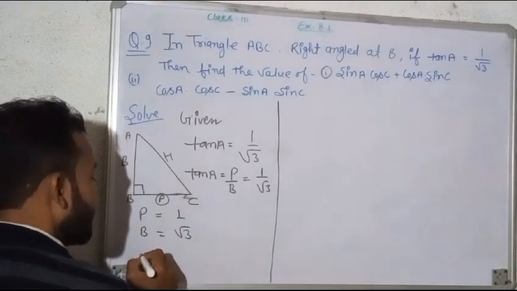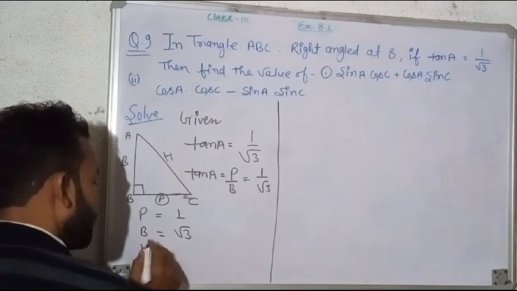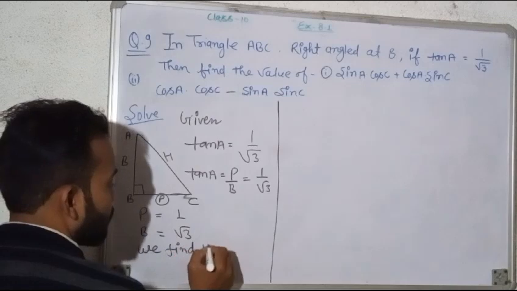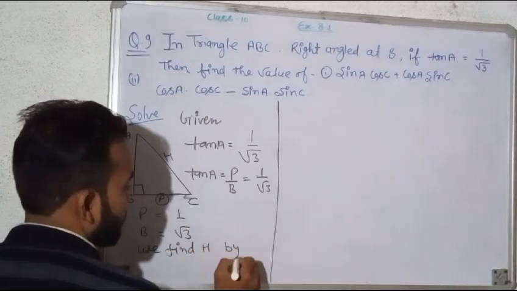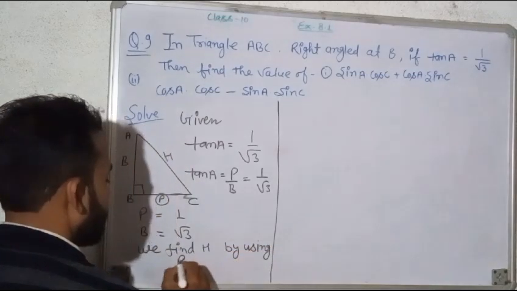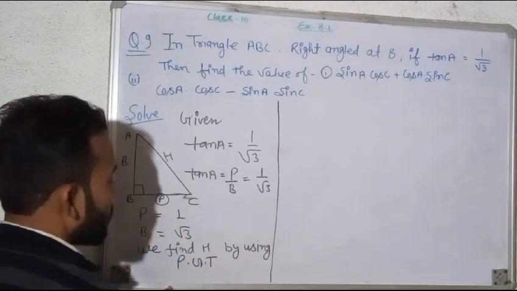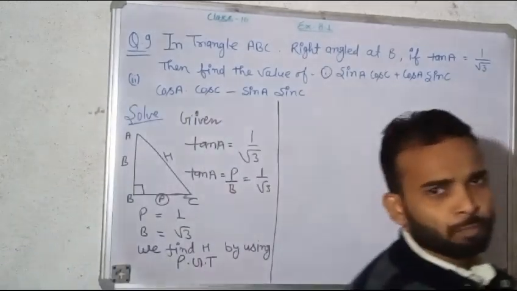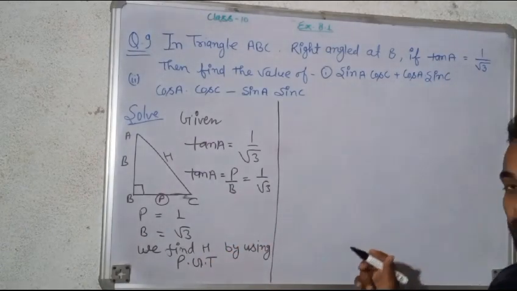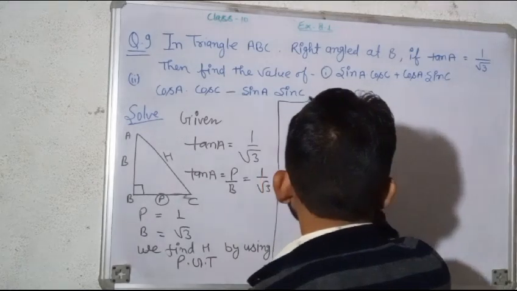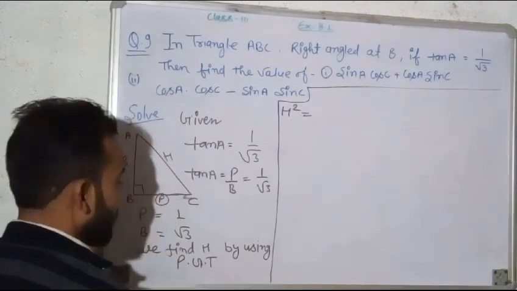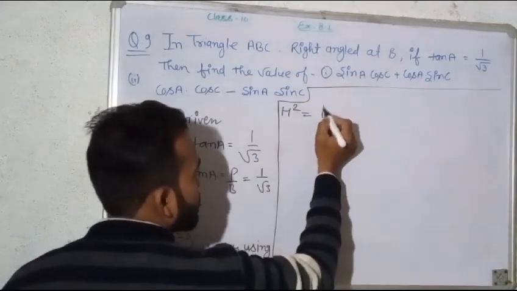So we find hypotenuse H by using Pythagoras theorem. What is Pythagoras theorem? According to Pythagoras theorem, hypotenuse square is equal to perpendicular square plus base square. So we can write hypotenuse square is equal to perpendicular square plus base square.